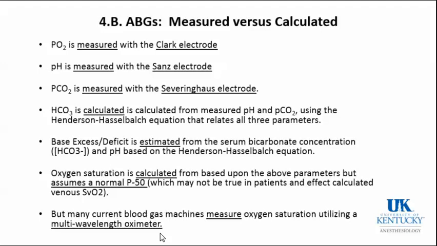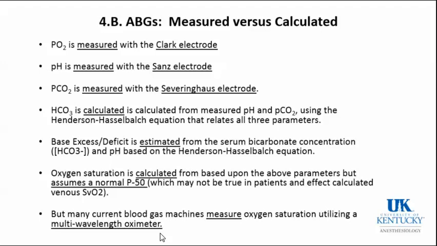So for arterial gases with PO2s above 60, probably the calculated saturation is not bad. But for venous gases, when the PO2 is down around 40, using calculated numbers can be very misleading.